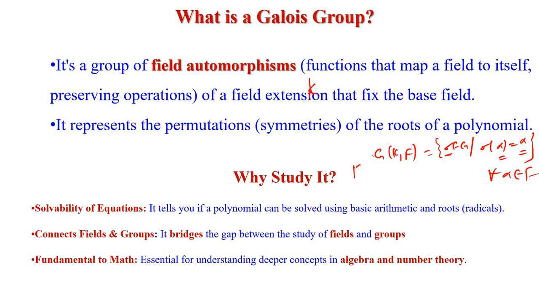By just looking at the degree, we can easily say that every polynomial will have roots. The question is whether you have any formula directly, where you can substitute the coefficients and get the roots. Whether that is possible, the answer is no. That also we are going to address later. So for the solvability of equations, this discussion of the Galois group will be very useful.